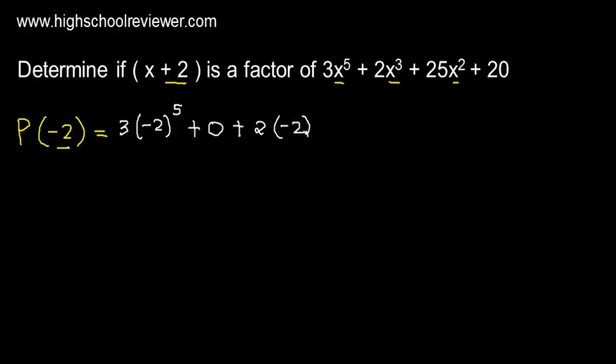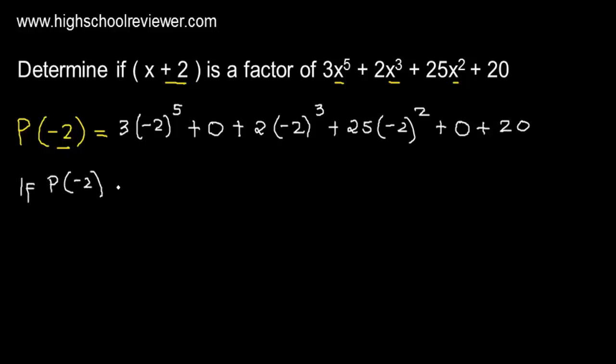This will be negative 2 raised to the power of 3, plus 25, instead of x, negative 2 raised to the power of 2, plus, since we do not have here x, we are going to put here 0 plus the constant, which is positive 20. If p(negative 2) will be equal to 0, then x plus 2 will be a factor of the given polynomial.